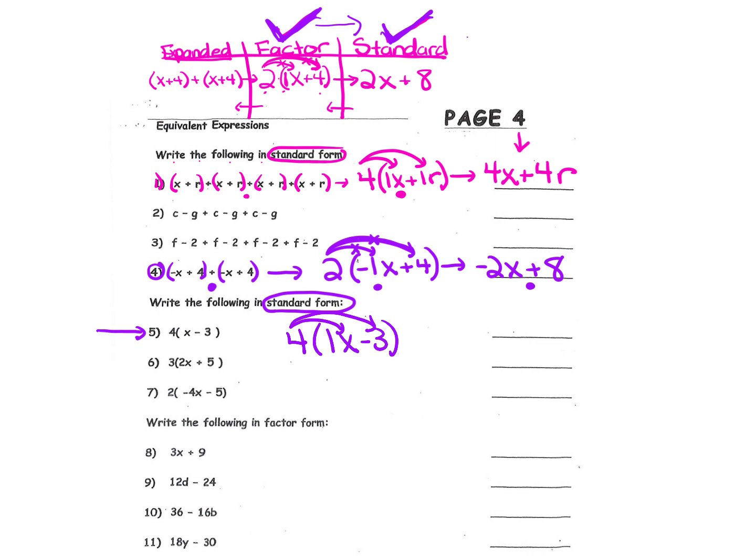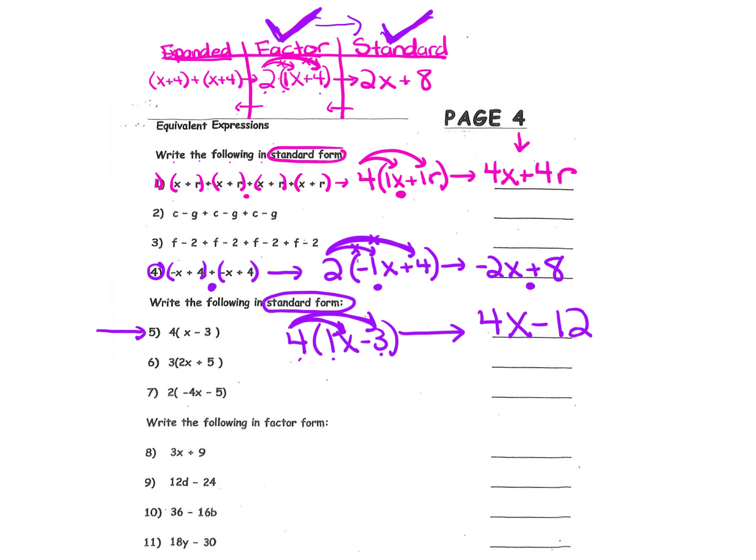You're going to quadruple each term, or multiply by 4. 4 times 1 is 4x. 4 times 3 is 12, or minus 12. It's just a simple move from factor form into standard form. You're going to complete the other problems on your own.